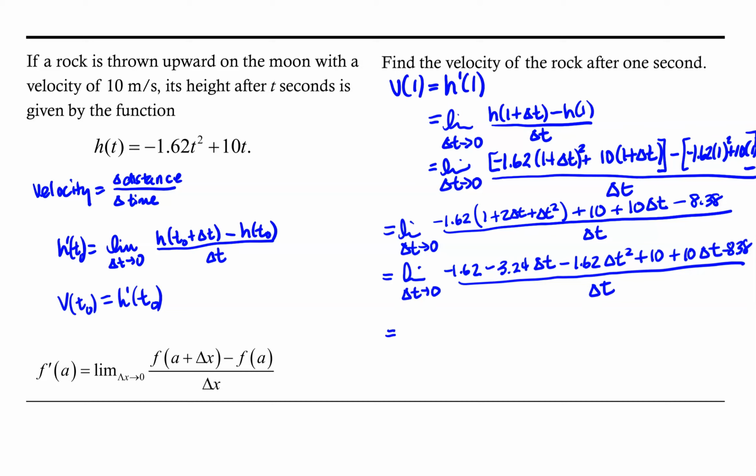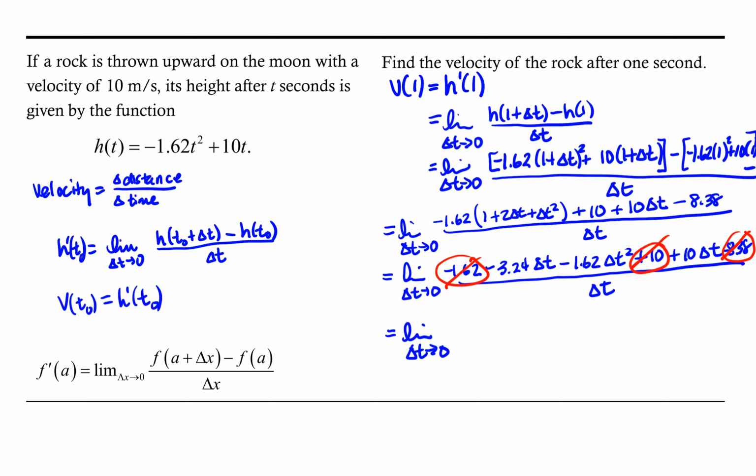Now, as I look to simplify my numerator, this negative 1.62 and this negative 8.38 sum to negative 10. So this is negative 10, and we have a plus 10, so those will sum to 0. So we have the limit as delta t goes to 0.